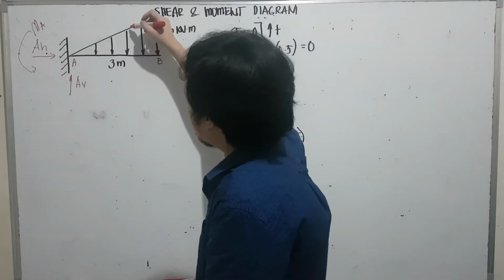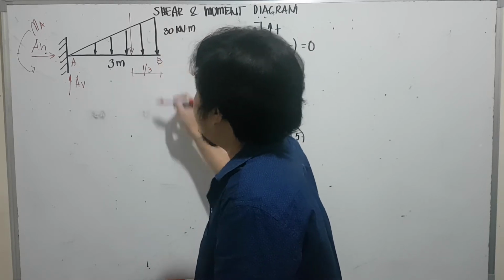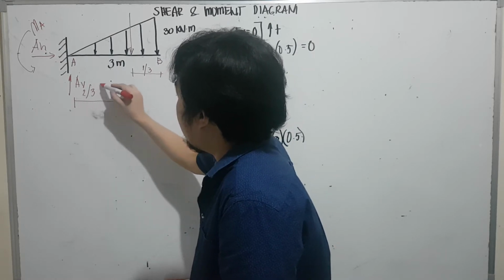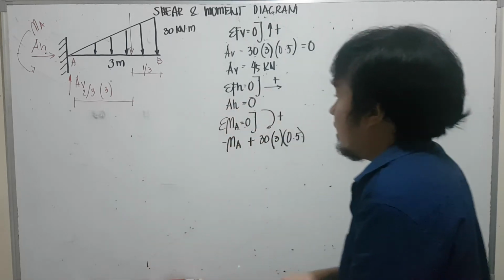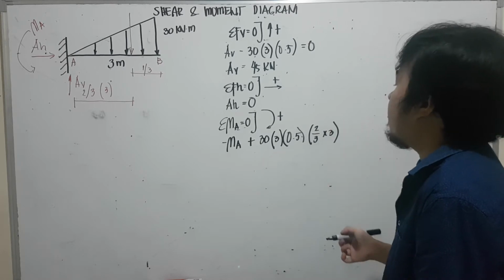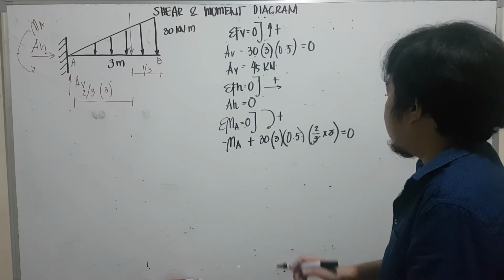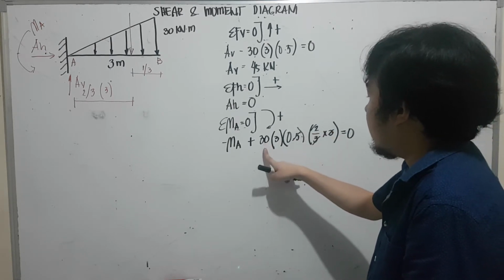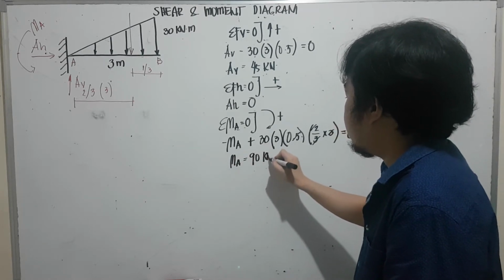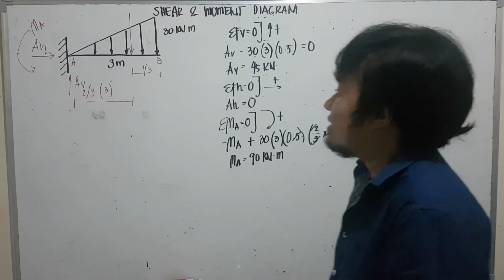We know that the resultant of a triangular load is acting 1/3 from the base. So the lever arm is 2/3 of 3. So this will cancel out, this will also cancel out. 30 times 3, moment A is equivalent to 90 kilonewton meter. Okay? So we're now ready to draw our shear and moment diagram.